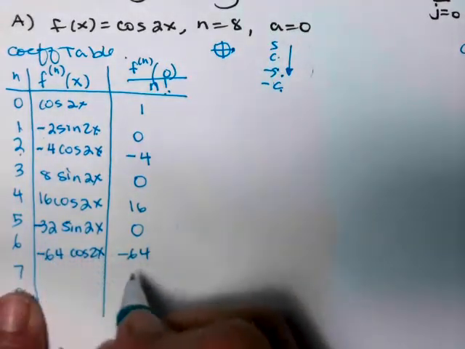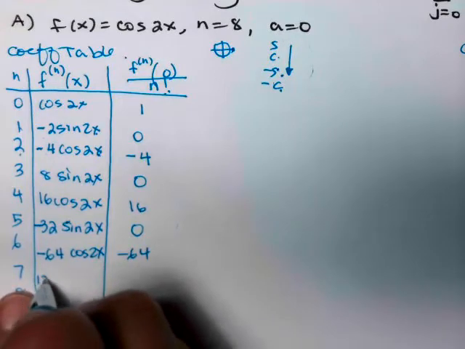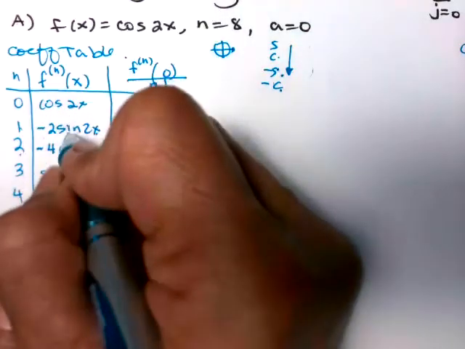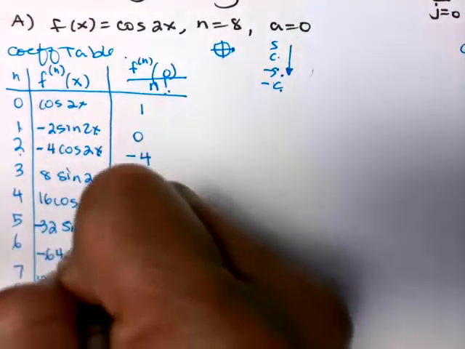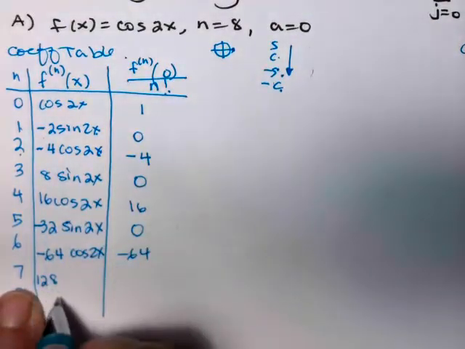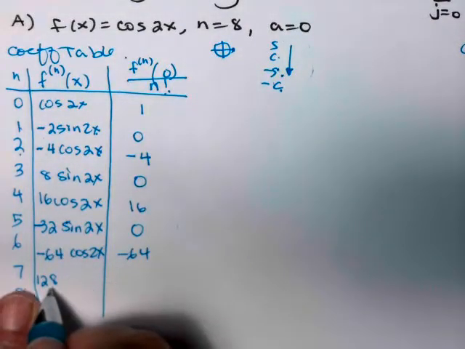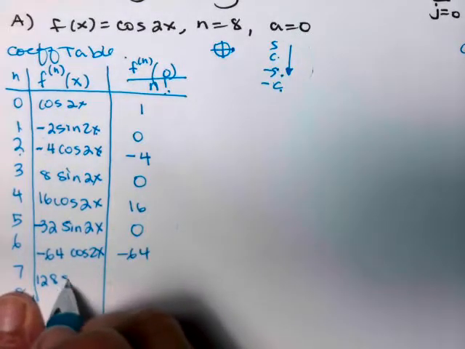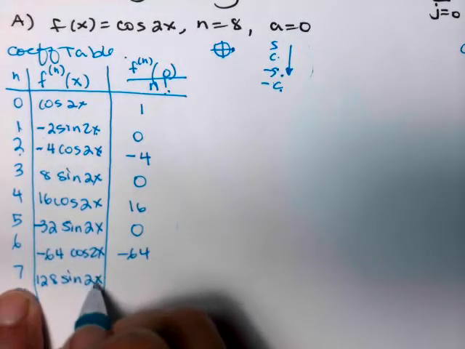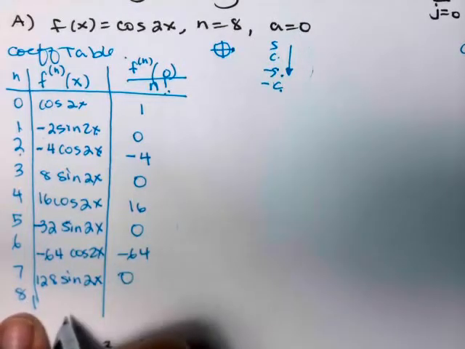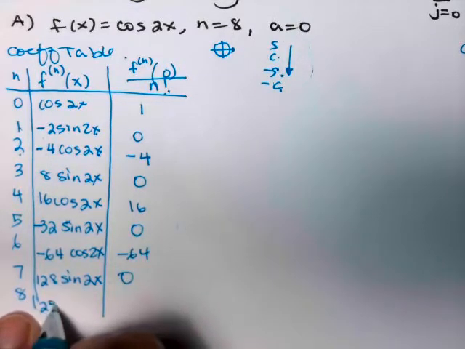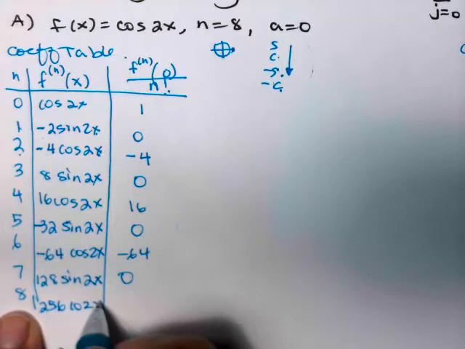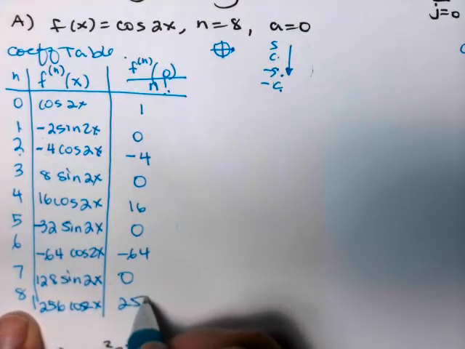Interesting. 7 is going to be a positive 128, negative cosine goes to positive, 128 sine 2x, so there's our 0. Last one, and that'll be 256 cosine 2x, so that's 256.